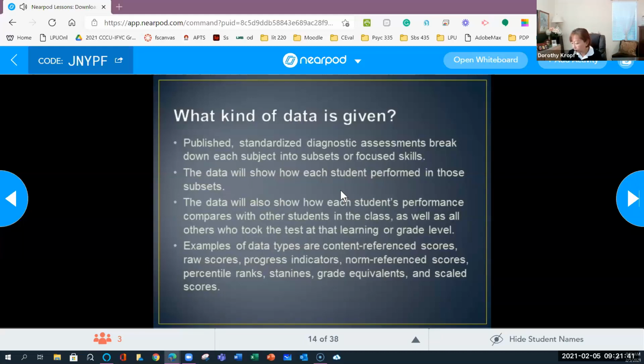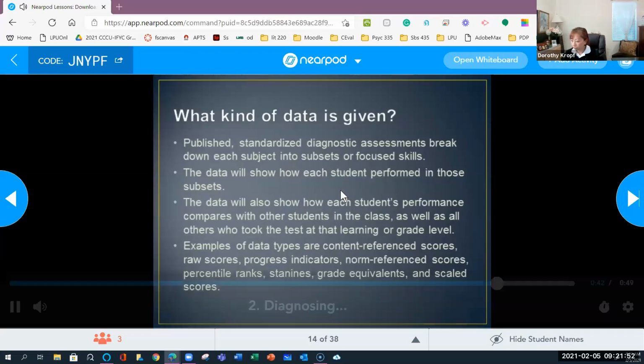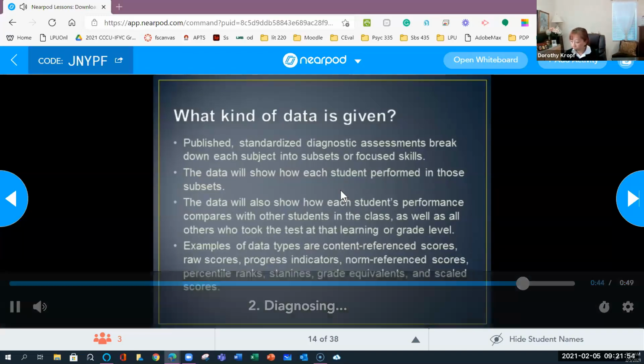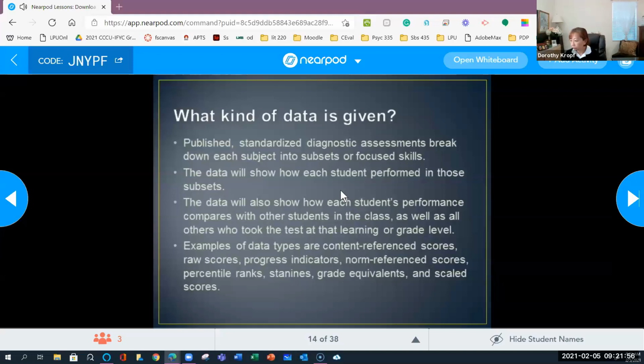The data may also be sorted into other categories, such as those listed here: raw scores, progress indicators, scaled scores, etc. And this gives the teacher the ability to examine the data from different statistical points of view.